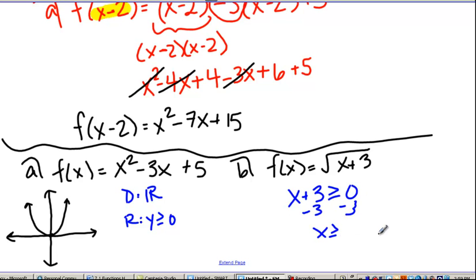Our domain is x must be greater than or equal to 0. As a reminder, the square root function looks roughly like that. So your domain is x is greater than or equal to 0, and your range is y is greater than or equal to 0, because remember, there's no way you can get a negative number from a square root.